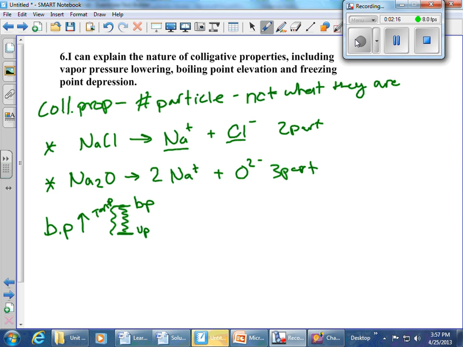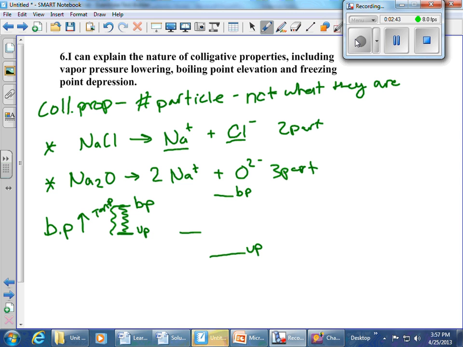Right? Well, what happens is vapor pressure, if we lower it, okay, this is our vapor pressure. We've lowered it because we've added solute to it. Our boiling point is going to become higher, okay, because it's going to take more heat for it to reach that boiling point, because vapor pressure and boiling point have to equal each other, or atmospheric pressure.